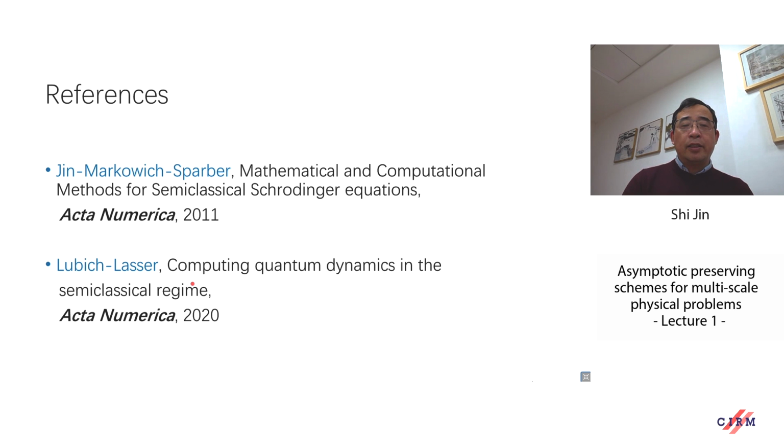And last year, there was an updated version, which is a little bit different. It puts more emphasis on applications to surface hopping problems. It's written by Christian Lubich and Caroline Lasser. So you can read these two reviews. All right. So that's the end of this story about Schrodinger.